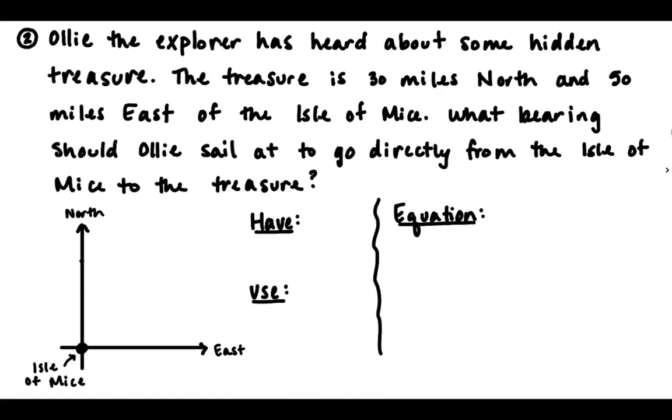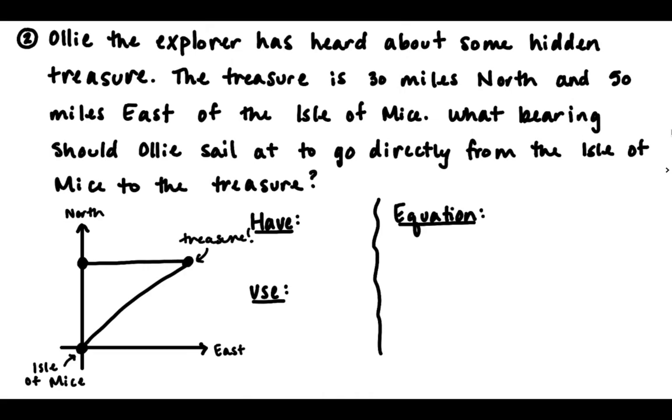So I first go north, and then from there I go east, and there's my treasure. In this case, this point isn't really anything. It's just how far north we went, and then from there we went east to get the treasure.